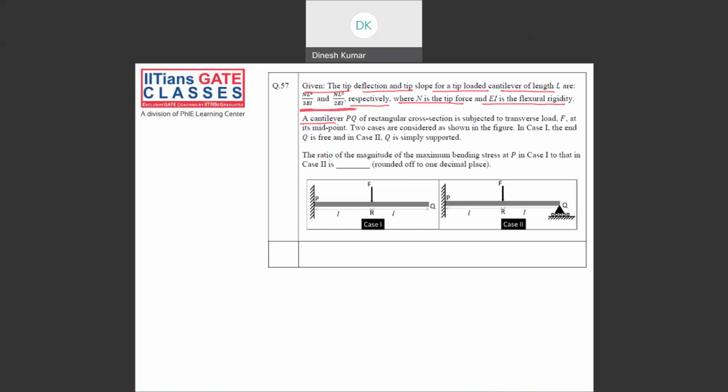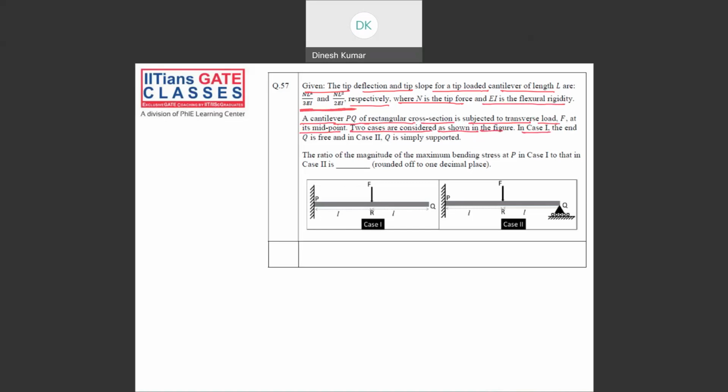So whatever this data is given, you will come to know these are just for the beauty of the problem. So what is next given? A cantilever PQ of rectangular cross section is subjected to transverse load F at its midpoint. The two cases are considered as shown in the figure.